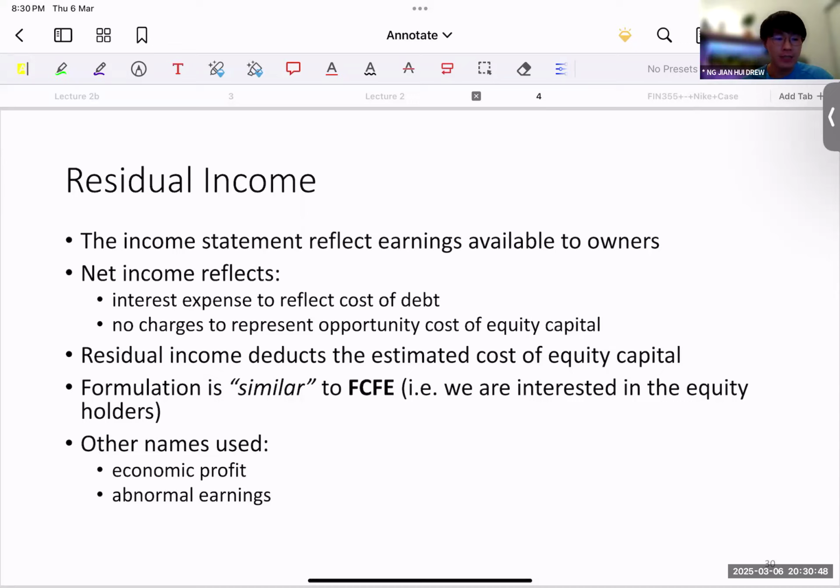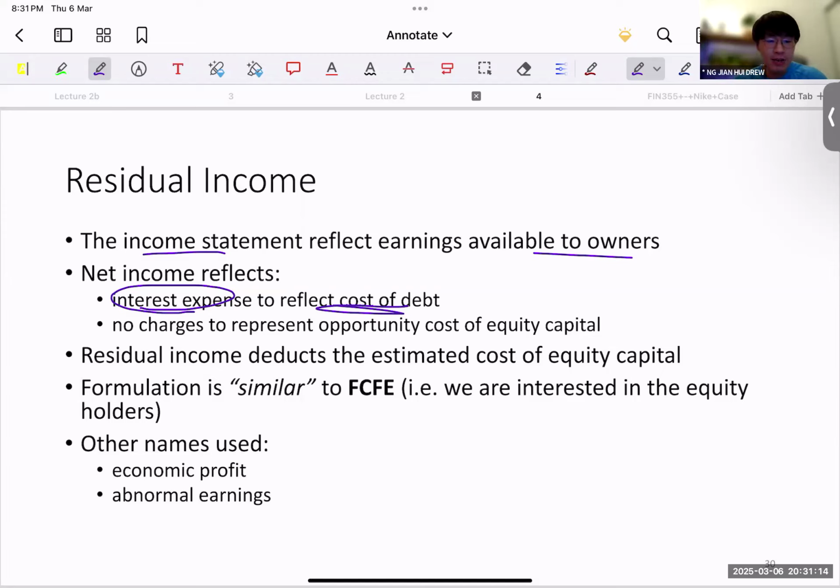So what's residual income? Before we go into that, we know that the income statement reflects the earnings to the owners. Now, our net income reflects things like interest expense, which is relating to the cost of debt. Interest expense is part of your net income, as in it's being deducted from your net income.